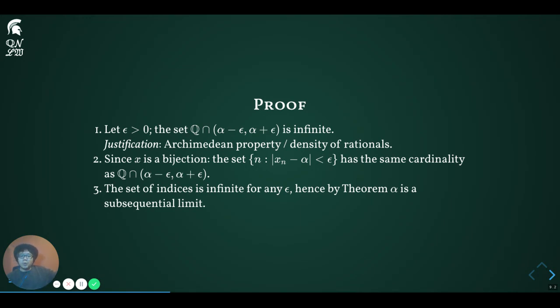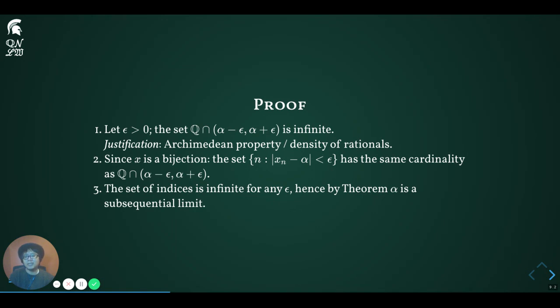For an arbitrary real number alpha, and for an arbitrary positive epsilon, the interval alpha minus epsilon to alpha plus epsilon contains infinitely many rational numbers. This is a consequence of the density of rational numbers in the reals, which is itself a form of the Archimedean property.